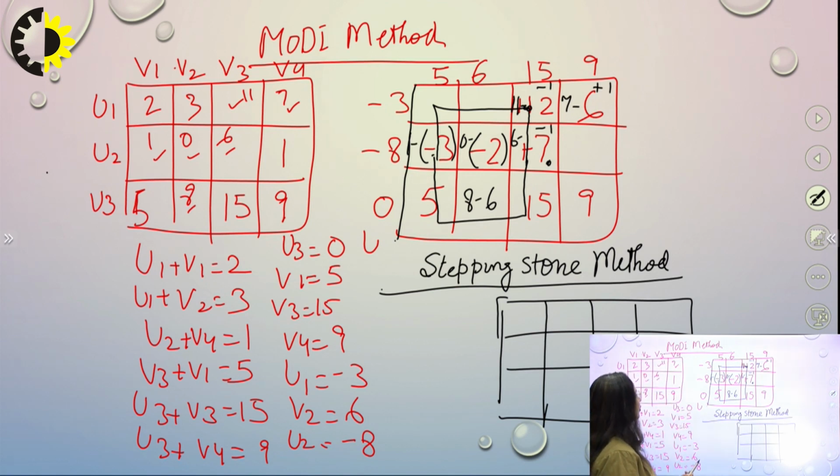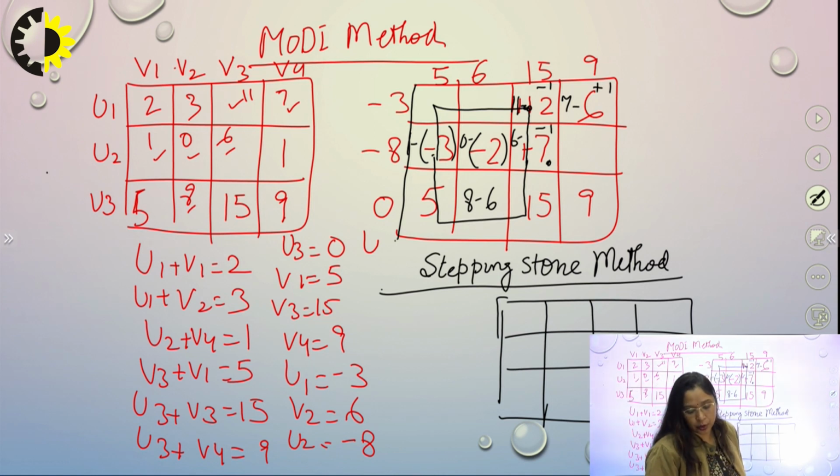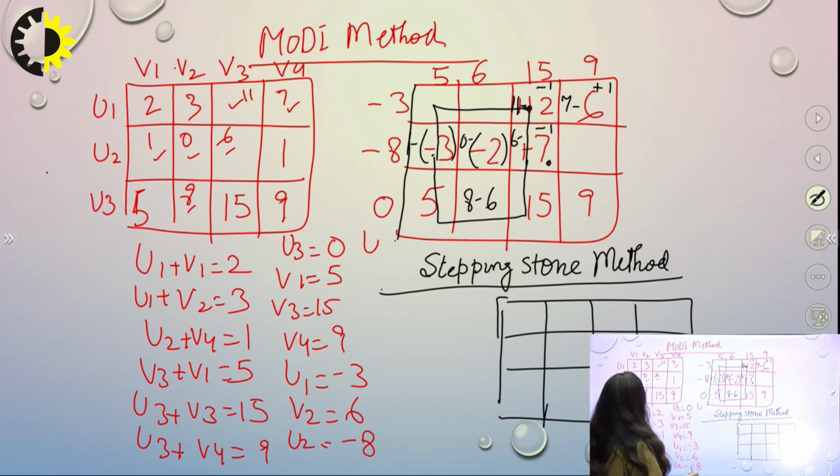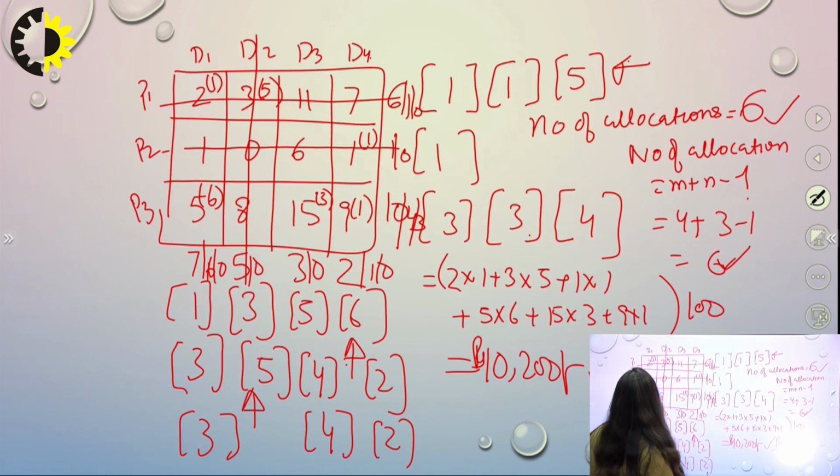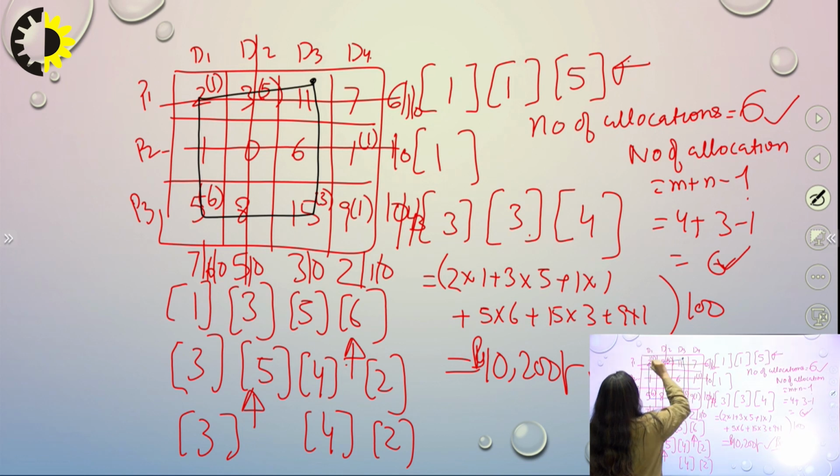What is the minimum allocation in these numbers? We have to go backward for the allocation purpose. The minimum allocation is 1. You can see this is the loop. The minimum allocation given here is 1.